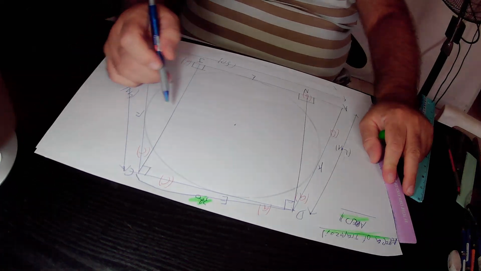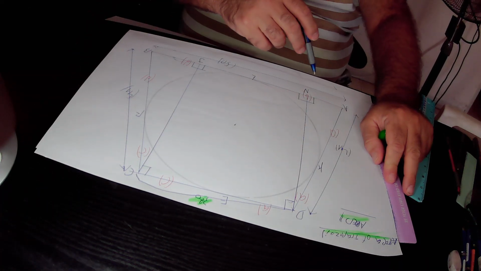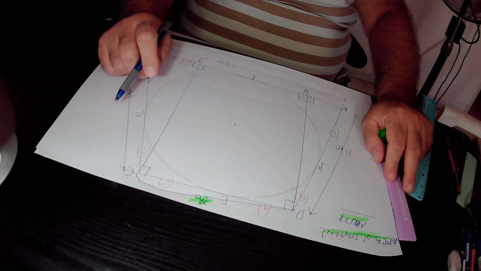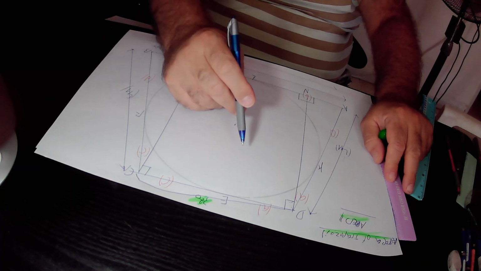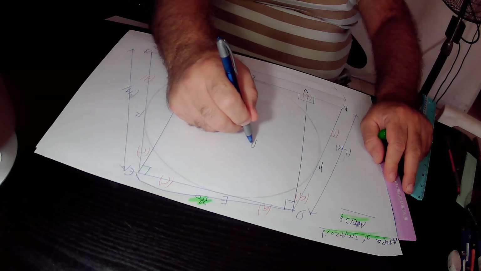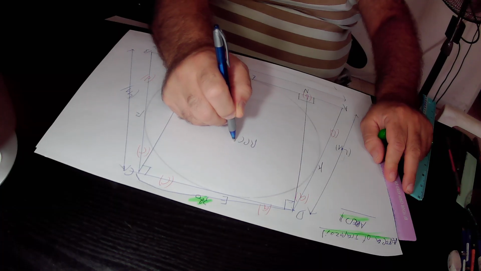So actually in quadrangle DCJN, we have 4 right angles, and therefore quadrangle DCJN is a rectangle according to Rule 5. So I want to note, this is the big quadrangle DCJN, that is a rectangle according to Rule 5 because it has 4 right angles.